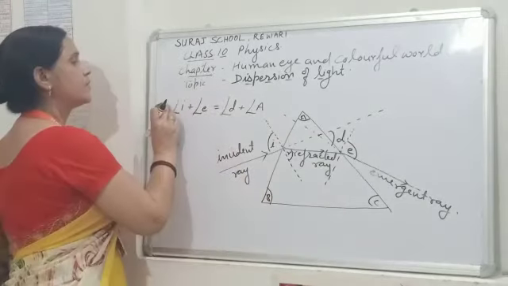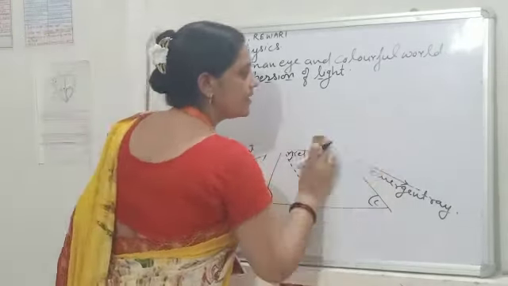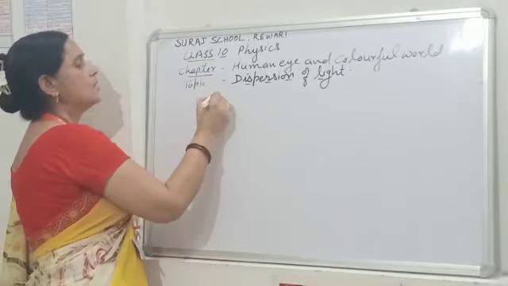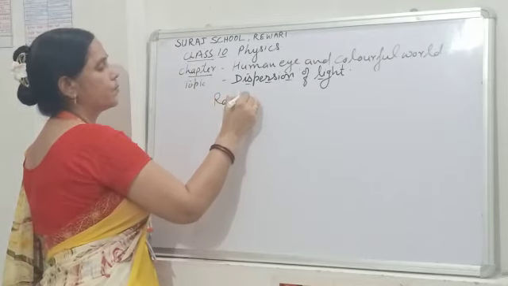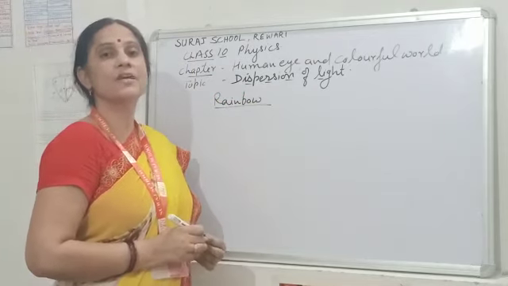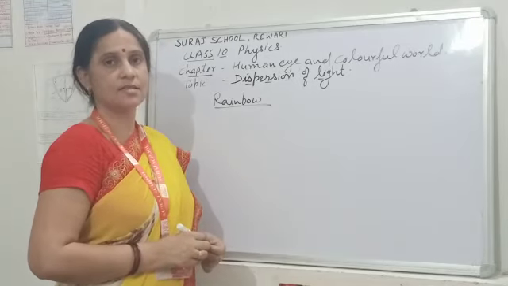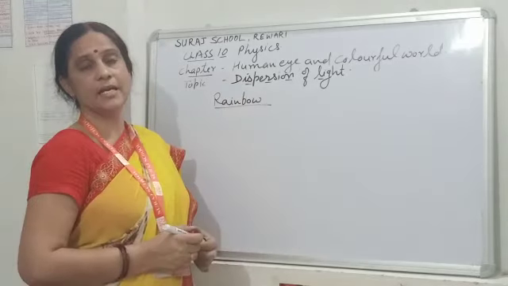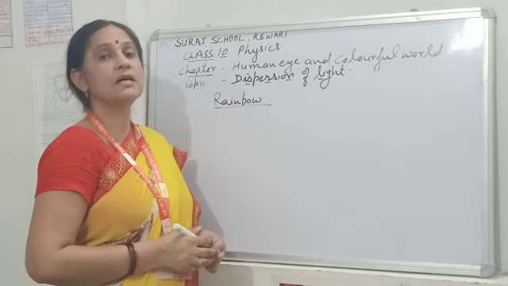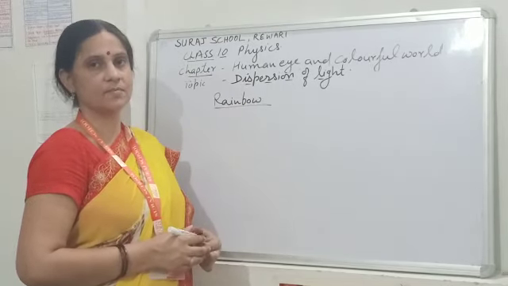Now, the natural phenomenon related to dispersion is called the rainbow, which we see after the rain when the sun shines. How is this rainbow formed in nature? Formation of a rainbow is caused by dispersion in nature.